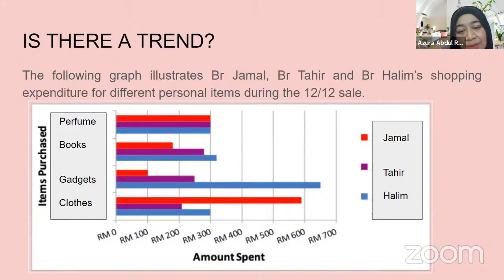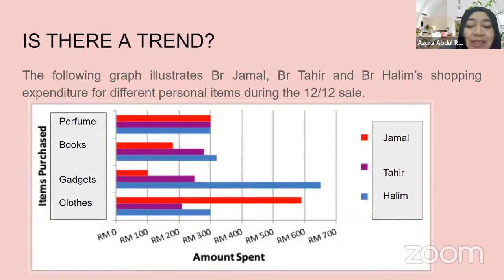Look at the books that Halim bought versus the gadgets that Halim bought. Okay, how would you describe that? The books is a little more than 300, but the gadgets is approximately 650.